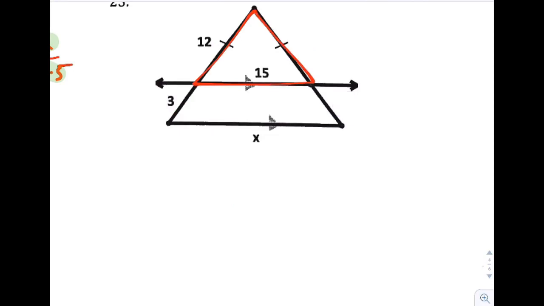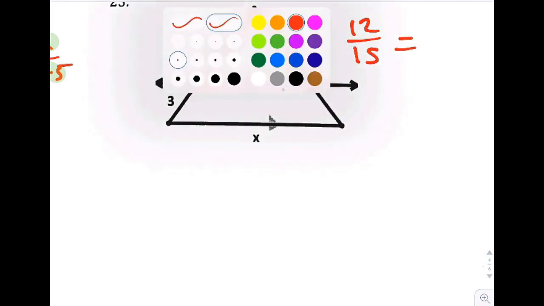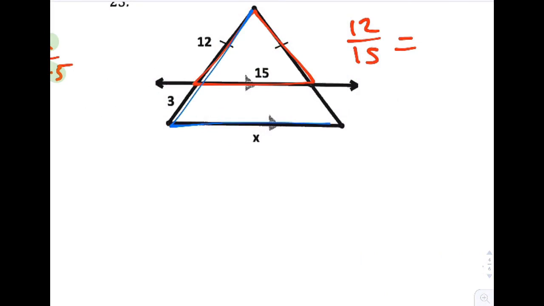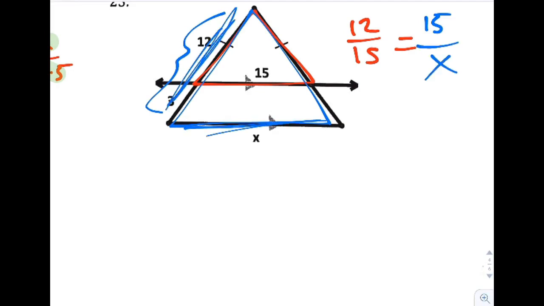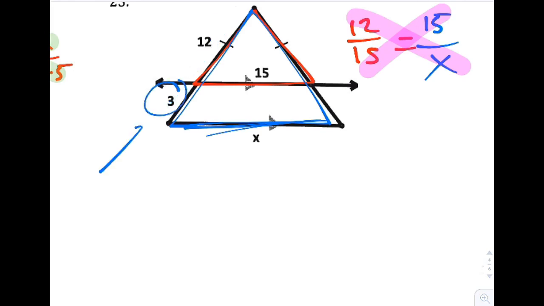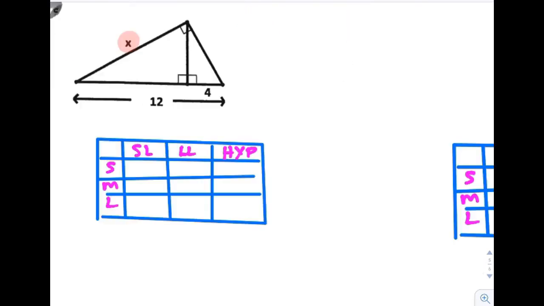So you have the left over the bottom of this triangle, and 12 plus 3 is 15, the left over the bottom of that triangle. But you should never have a 3 in any of your equations because the 3 is not a side of a triangle. So redraw 2 triangles and set up the equation.